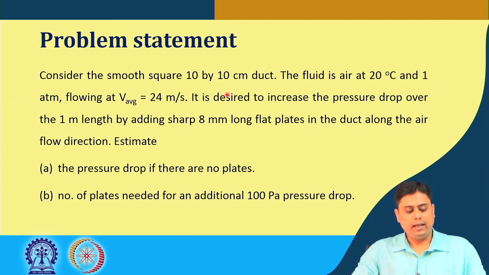And then if we try to increase the pressure drop, we can insert some flat plates inside the duct, and when air flows, the drag force will be there, which creates more pressure drop than in the normal duct.